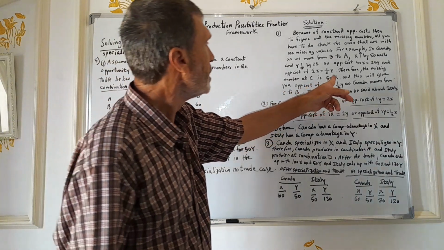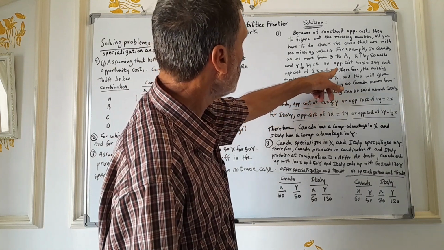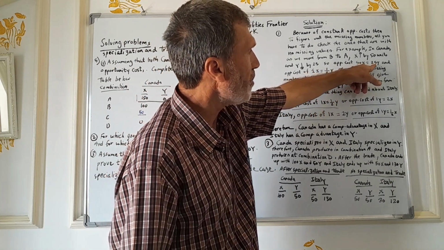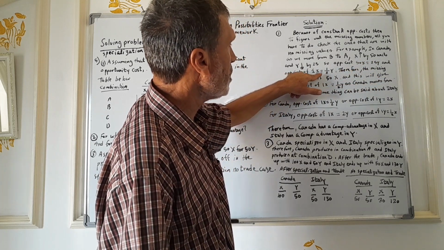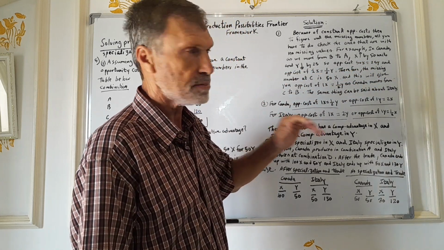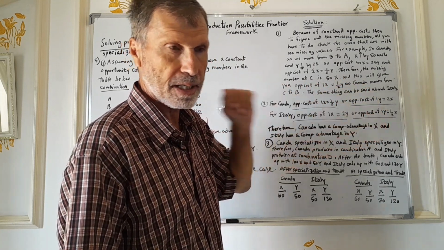Opportunity cost of 50X equals 25Y, and so the opportunity cost of 1X equals 1/2 Y. That's with respect to Canada.